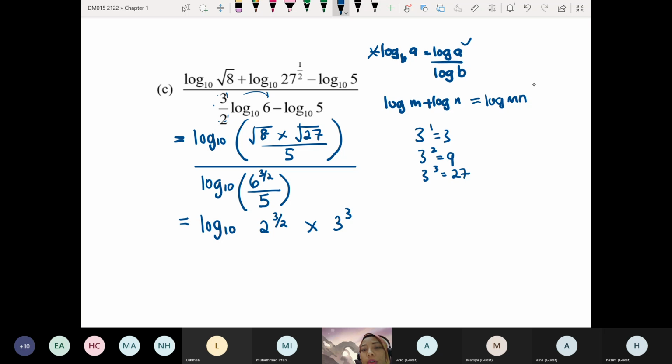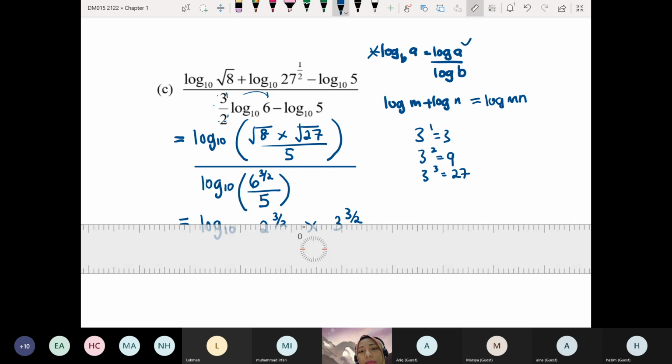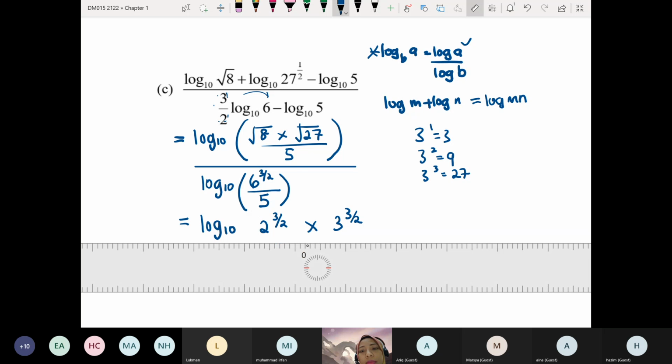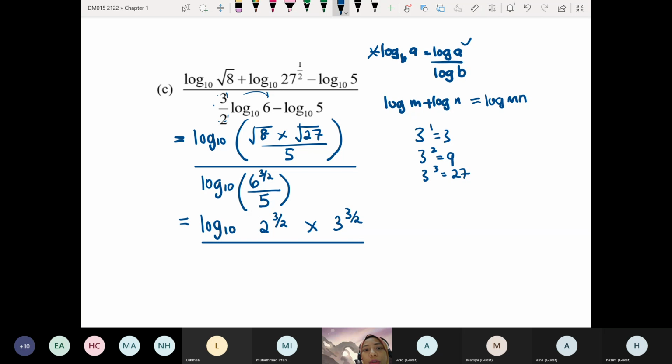So ada root, dia akan jadi itulah. Okay, over with what? Log base 10 of 6 to the power of 3 over 5.